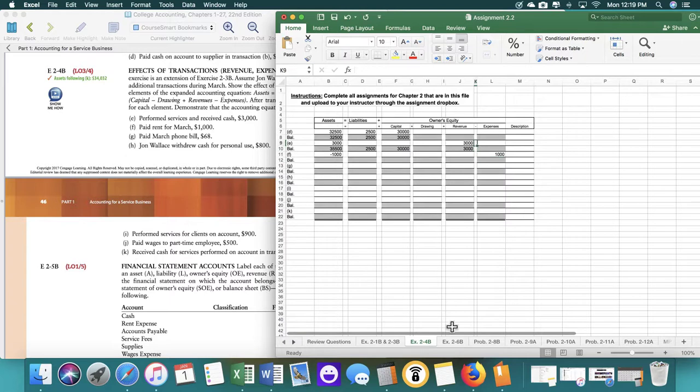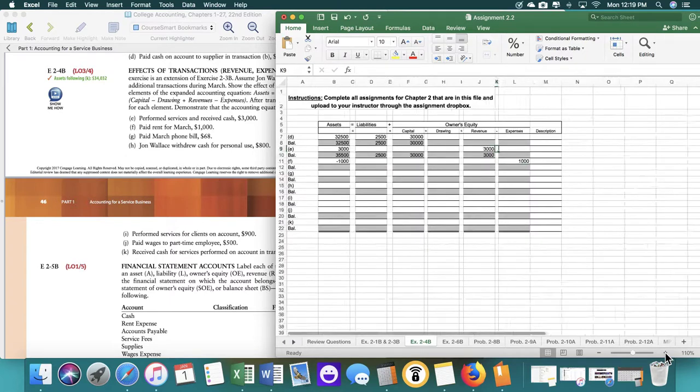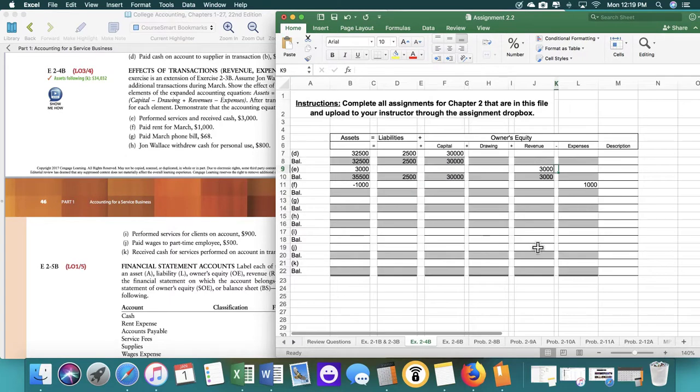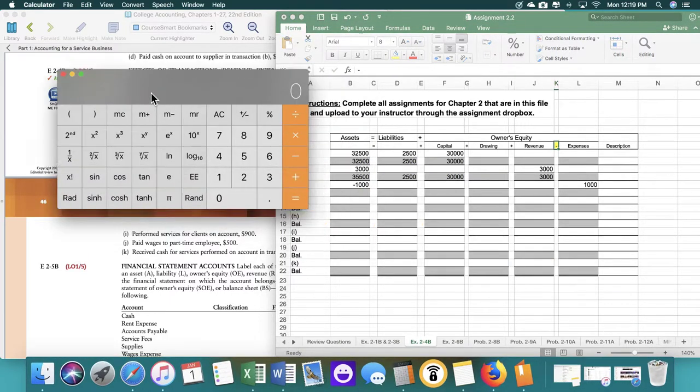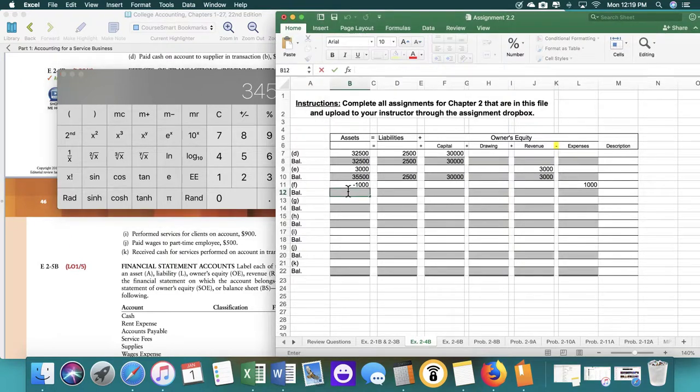And if you look at the top, I know it's kind of hard to see, here we go. We have a subtraction that shows us we're going to subtract expenses. So let's break out the calculator. We have 35,500 minus 1,000 gives us 34,500.